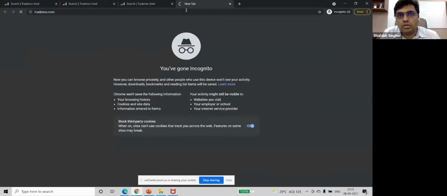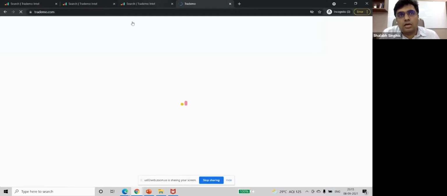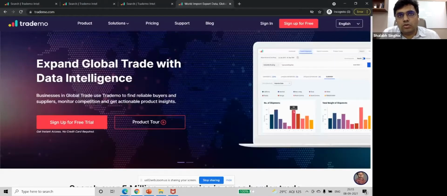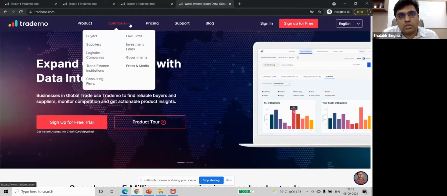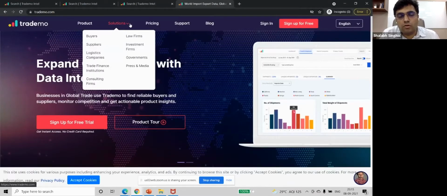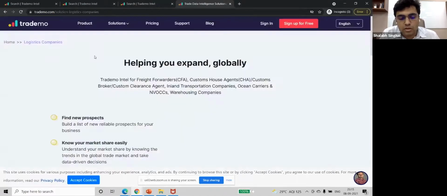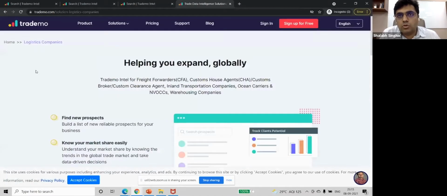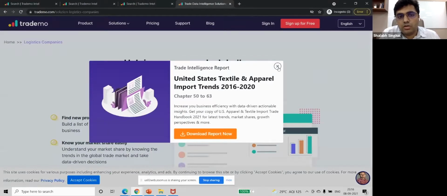We are capturing data from multiple countries, and we'll be able to show the transactions of a particular company not just from the US, but from, let's say, Mexico or Latin American countries also. Take an example of a Mexico-based exporter who is supplying to the US, but who is also importing from, let's say, Argentina. We'll be able to show all the transactions and trading activities of that particular supplier in one place.